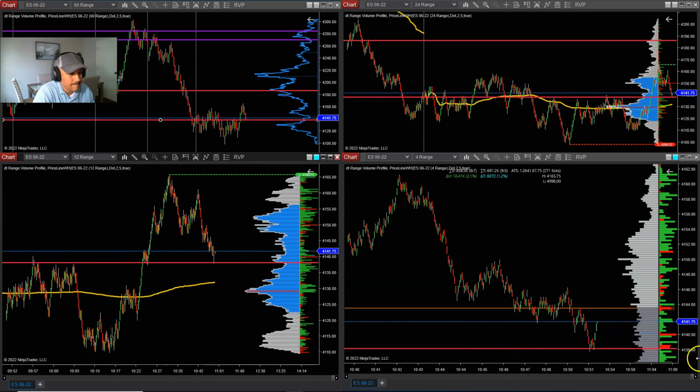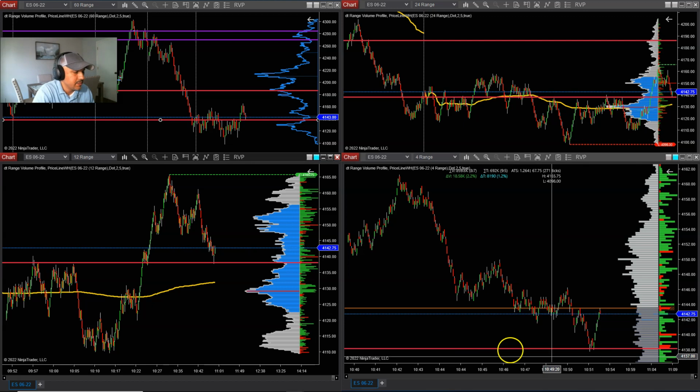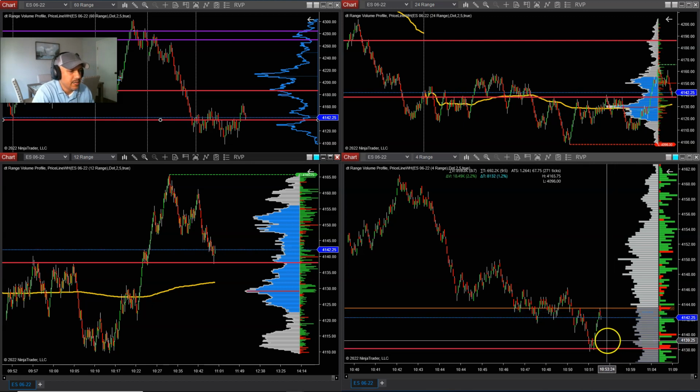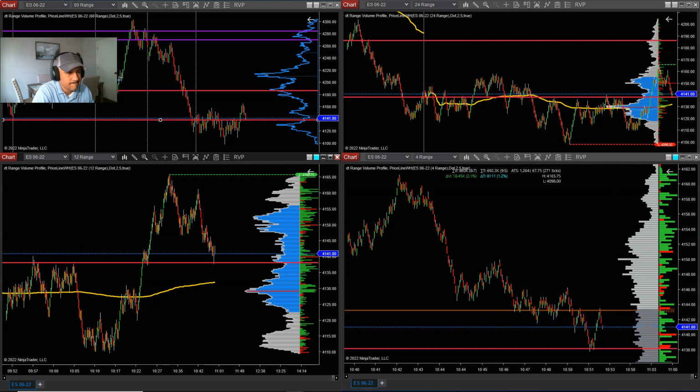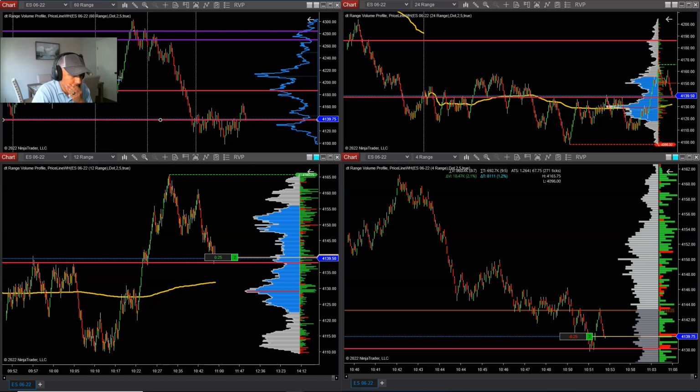Okay, little break there to the upside, bouncing. Red line. If it comes back to this area, I might look for the entry to go long. Come on. Okay, I'm gonna scalp this real quick.